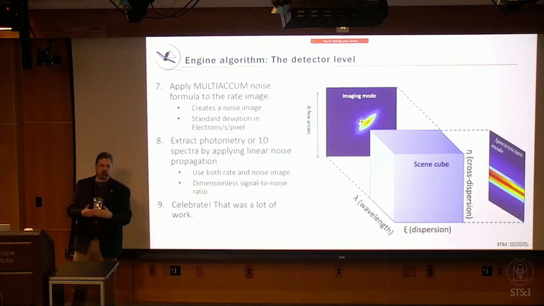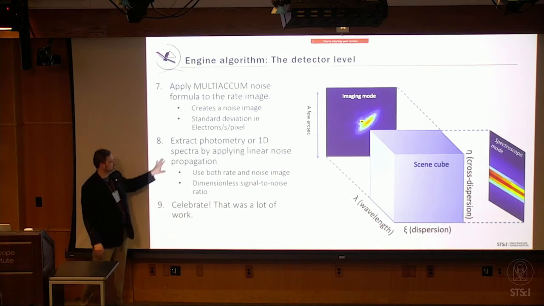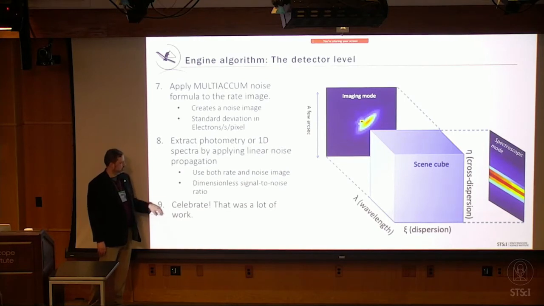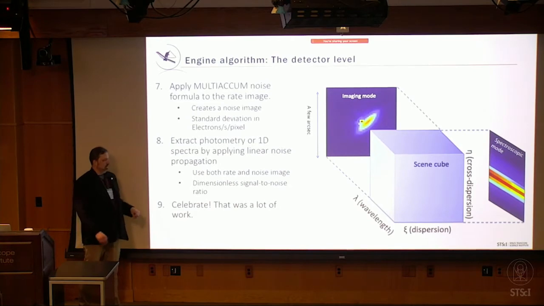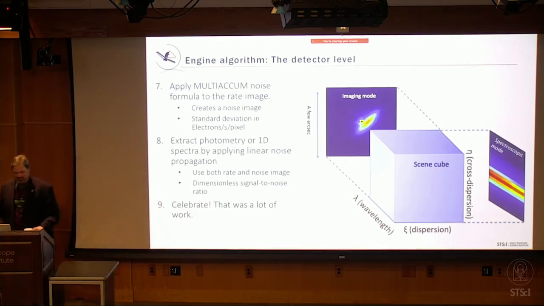It's usually an additive process. You add pixels together, you subtract pixels. So you use noise propagation here, and that'll give you a signal and a noise of your extracted number. Of course, once you have a final signal to noise ratio, these are dimensionless. And that's it. You celebrate. You're done with your calculation.